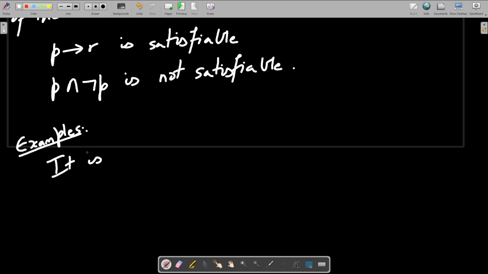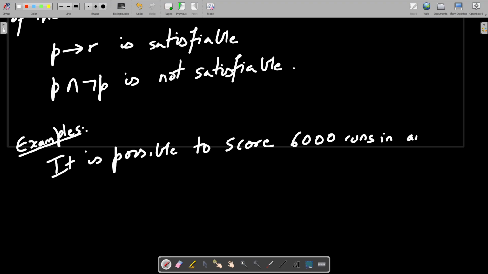Consider the statement: it is possible to score 6,000 runs in an innings, or in other words, just to reduce the complications, it is possible to score 6,000 runs in 50 overs. That's what I'm trying to imply.